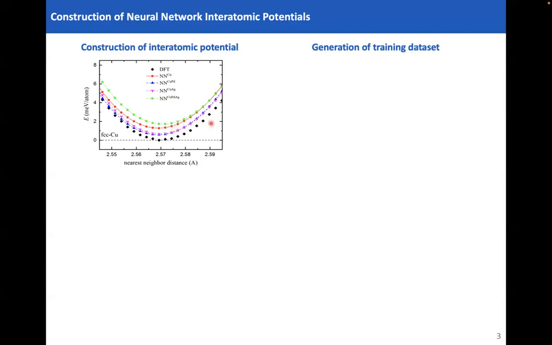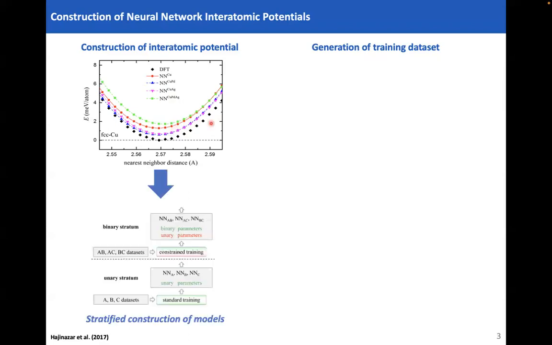For example, in this case, it can be shown that with a stratified scheme for construction of the model, this challenge can be overcome. So we can reuse the data, and the way it works is that at each stage we just feed the corresponding parameters and keep them fixed, and then move on to the next step, starting from elemental systems, then binary systems, and so on.